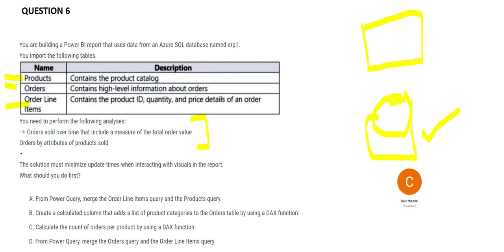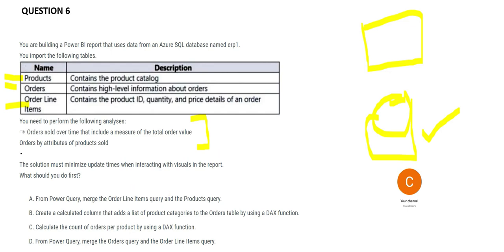You want to show orders sold over time, and orders by attribute. They are saying that you should minimize update times. What should you do first?